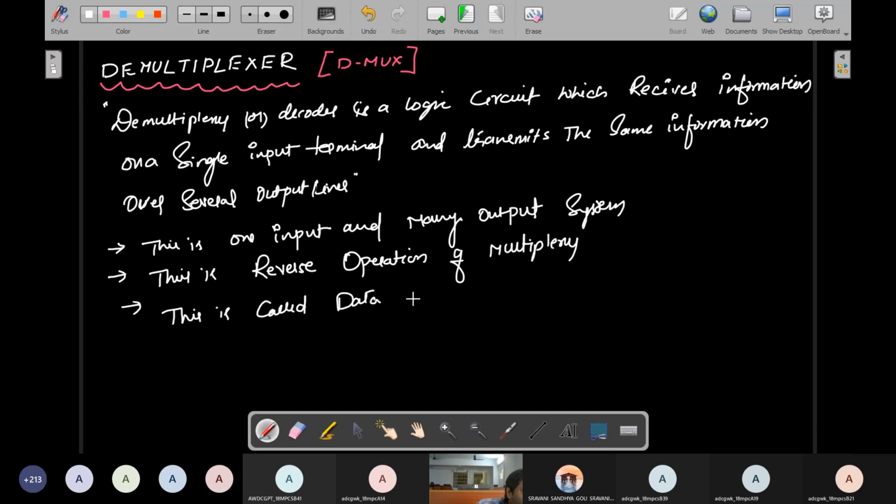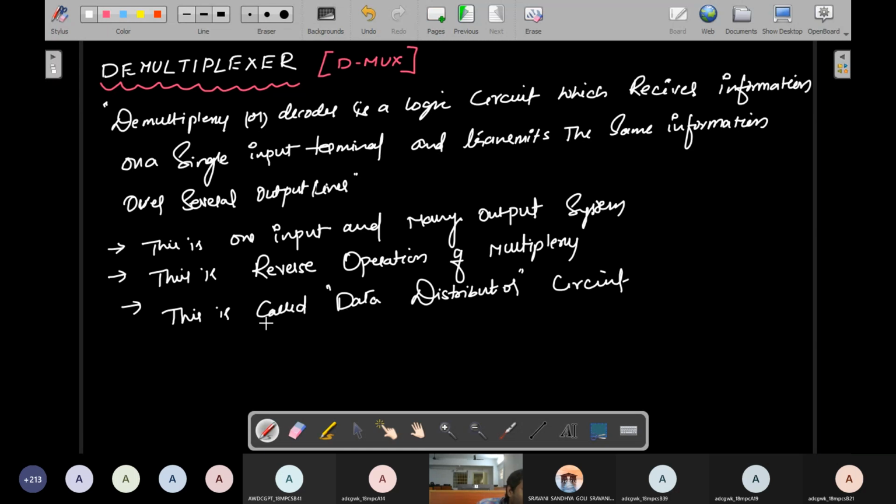So these are the points about the demultiplexer system.